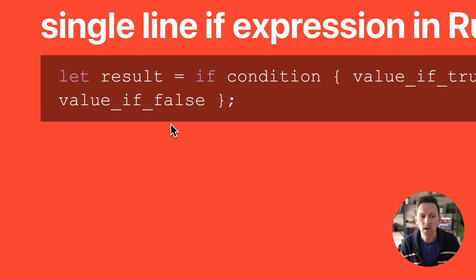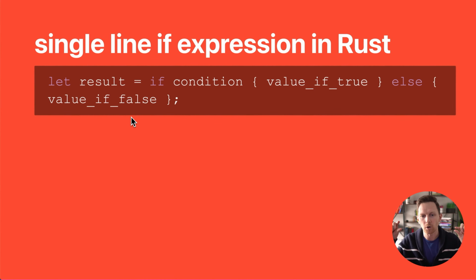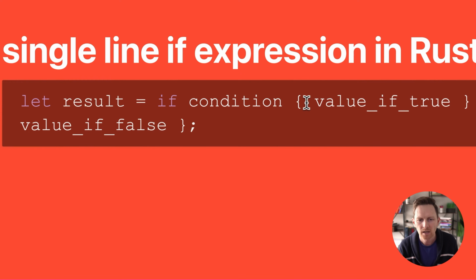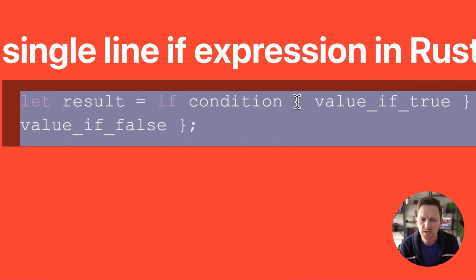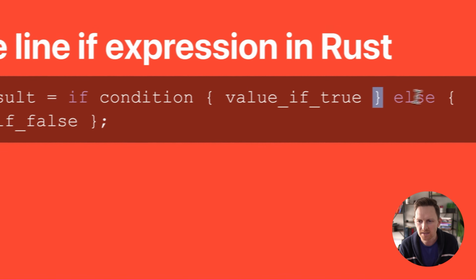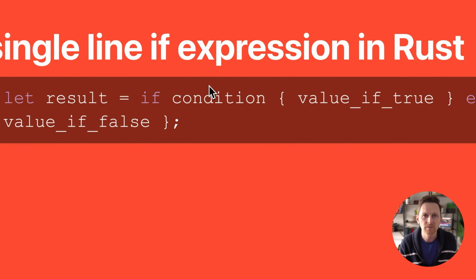So in Rust, for instance, you cannot have that single line form of if. Here is a single line if statement, if expression, right, in Rust, because we're assigning it to a value. But even though it's on one line and it's a single expression, Rust says, no, you must always include these blocks, right? Just for consistency's sake, always put the blocks in. And I think that's a fine attitude, right?